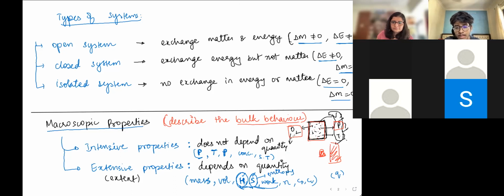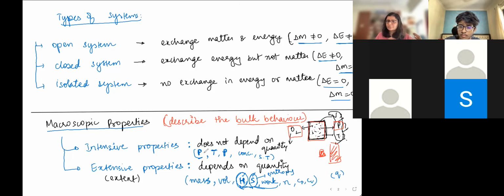Ma'am, if enthalpy is an extensive property, then why is temperature not extensive, why is it intensive? There's a difference. Temperature is an indicator of the internal energy, the motion of whatever atoms and molecules are there. That's temperature, right? We call it internal energy, how much energy is already present inside.